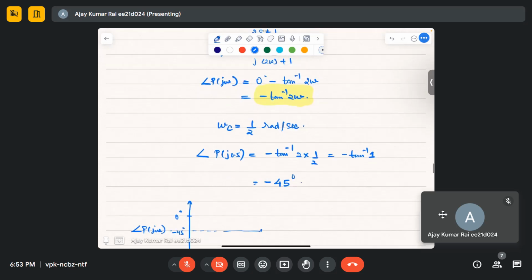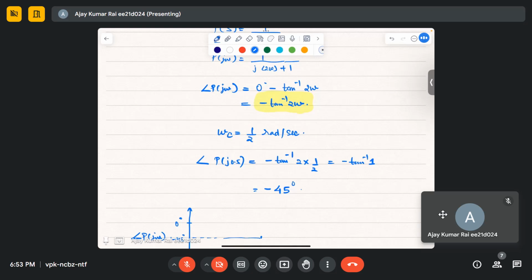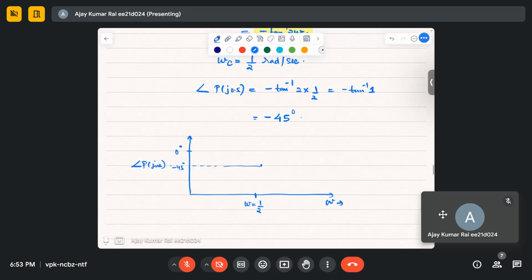Okay, and at larger values of omega, you can put omega equal to infinity. So what is minus tan inverse of infinity? Tan inverse of infinity is 90 degrees, so minus tan inverse of infinity will be minus 90 degrees.